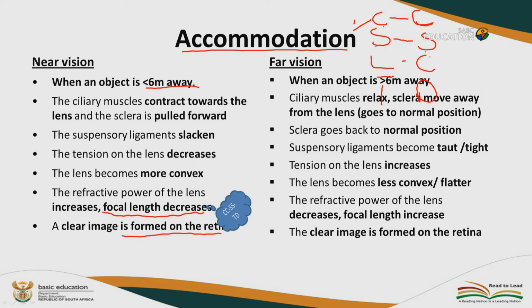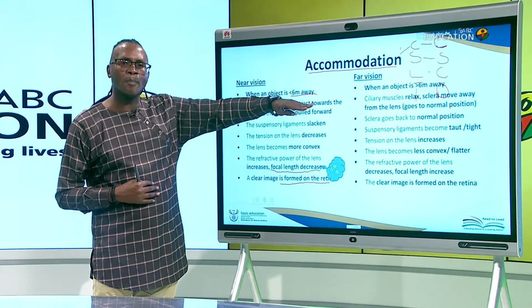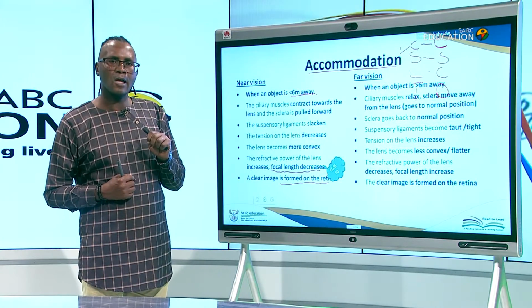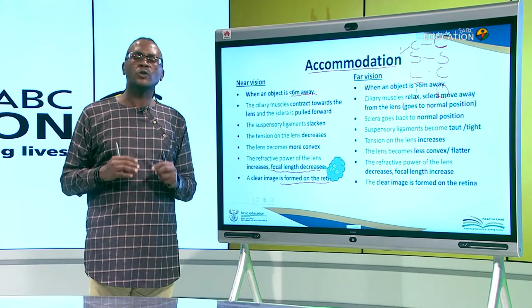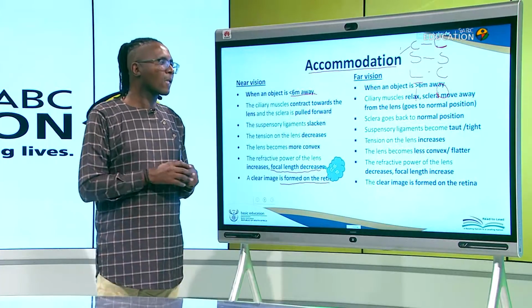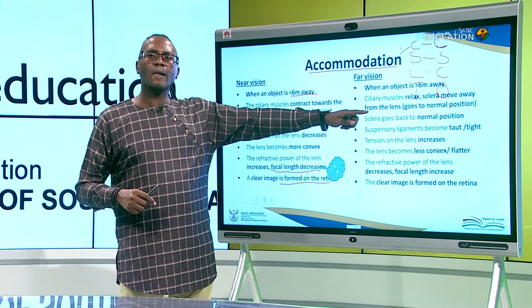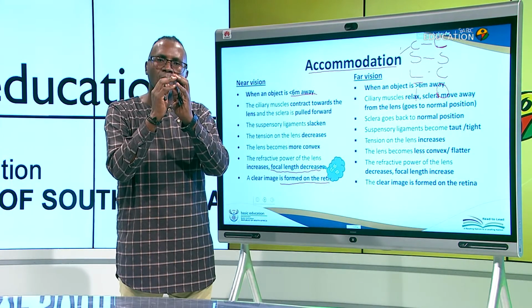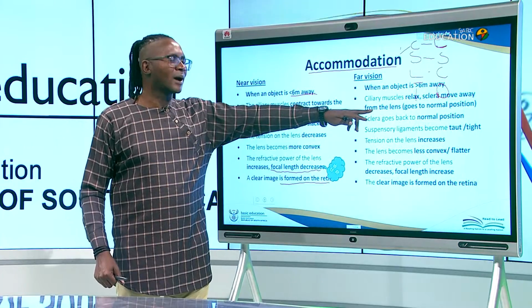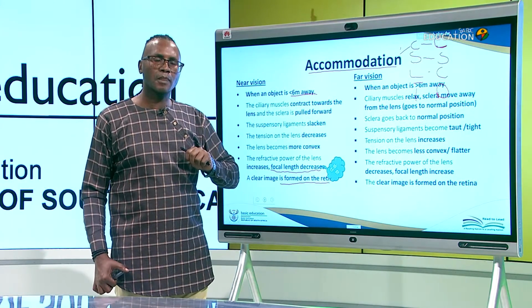They will relax. And when the ciliary muscles relax, the sclera will move away from the lens, meaning the lens will go back to its normal position. So the lens is not convex. It goes back to the normal position.